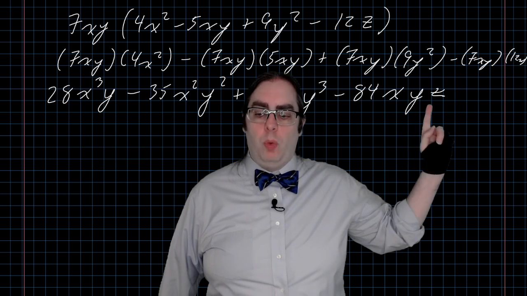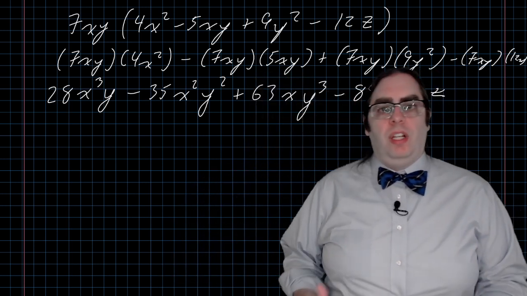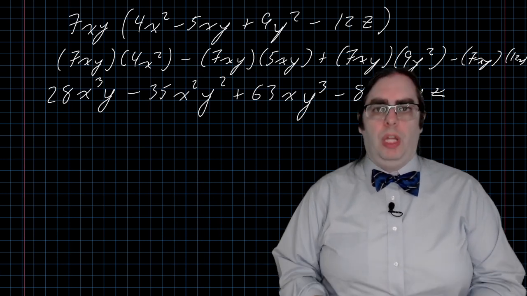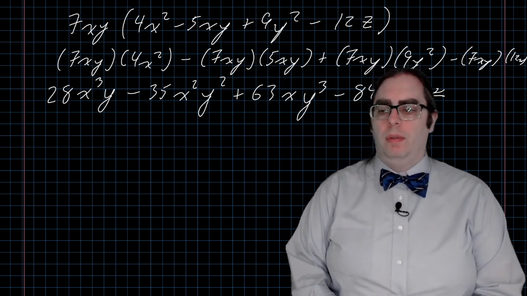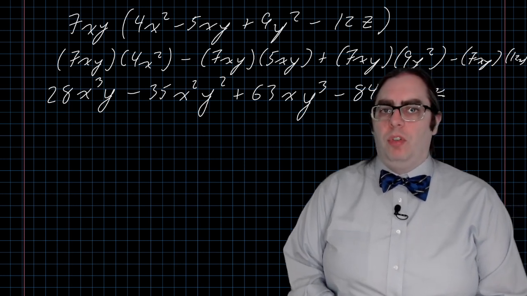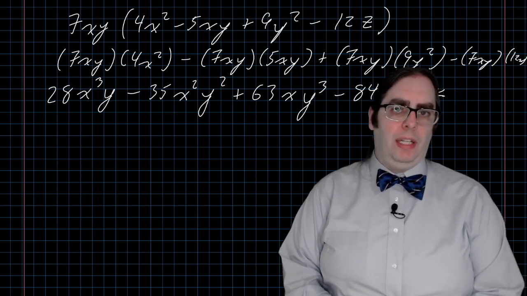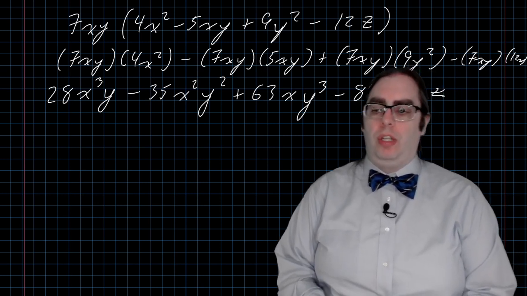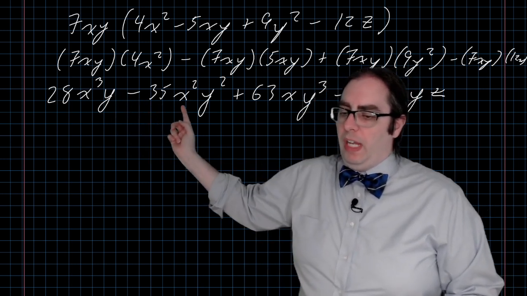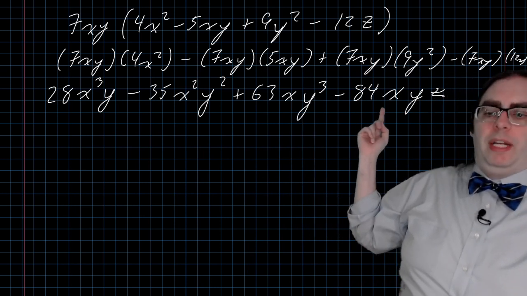X comes before Y, comes before Z. That just makes it a little bit easier to read, a little bit easier to look for like and unlike terms. Beyond that, we start looking at powers. And I tend to use descending order in this course. In some other courses, I use other rules. But notice we have an x cubed, we have an x squared, we have an x by itself, and we still have an x by itself.